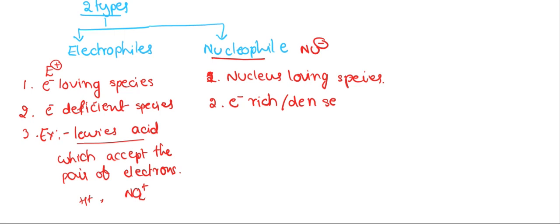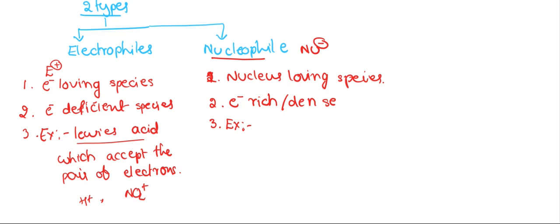In the case of a nucleophile, it is an electron-rich species. It always wants to donate its electron pair to the deficient molecule, which is nothing but the electrophile. So the reaction will happen between the nucleophile and the electrophile. The electrophile will accept the electron pair from the nucleophile.